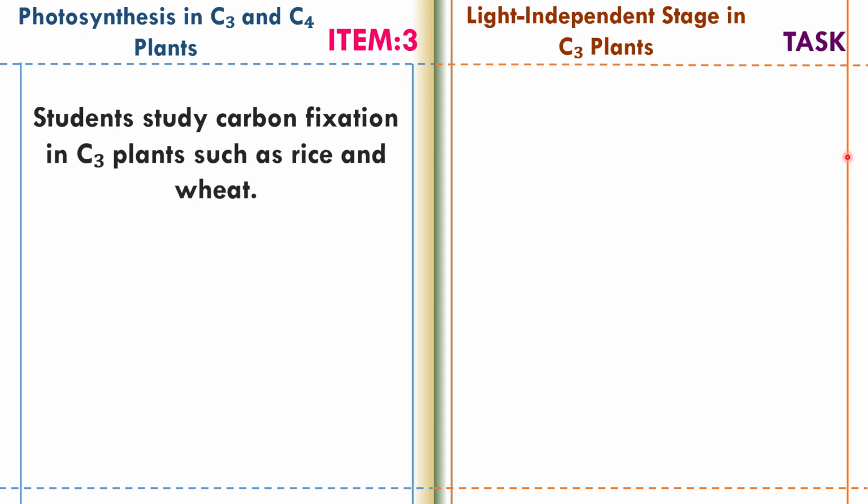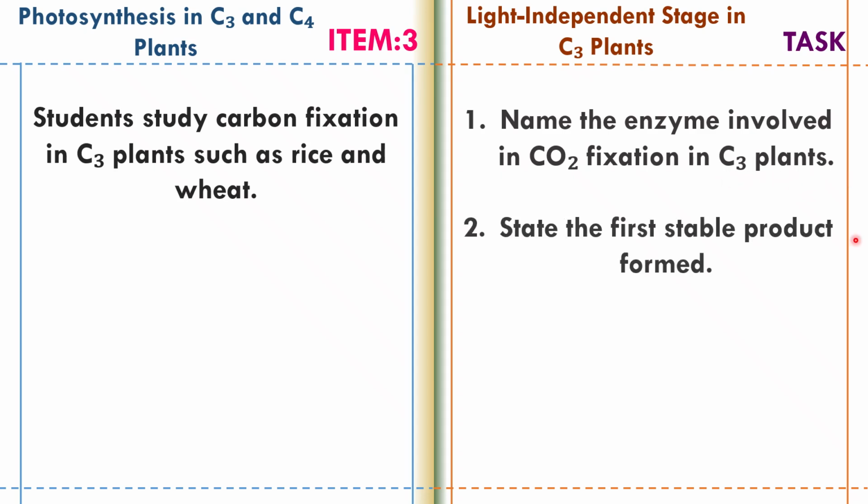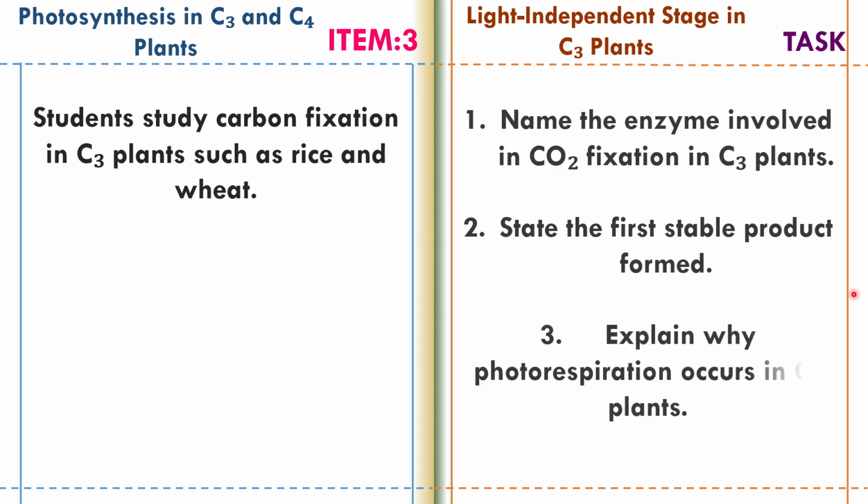Tasks: name the enzyme involved in carbon dioxide fixation in C3 plants. State the first stable product formed. Explain why photorespiration occurs in C3 plants.